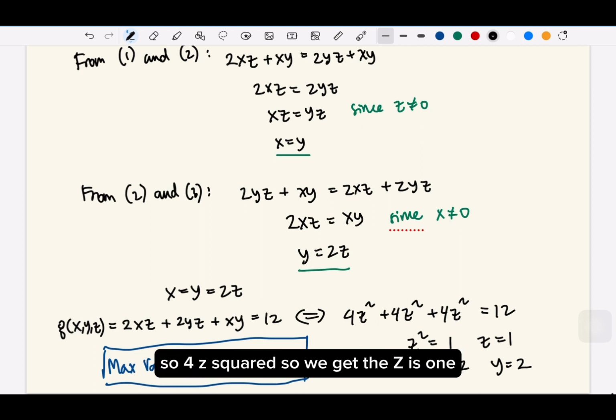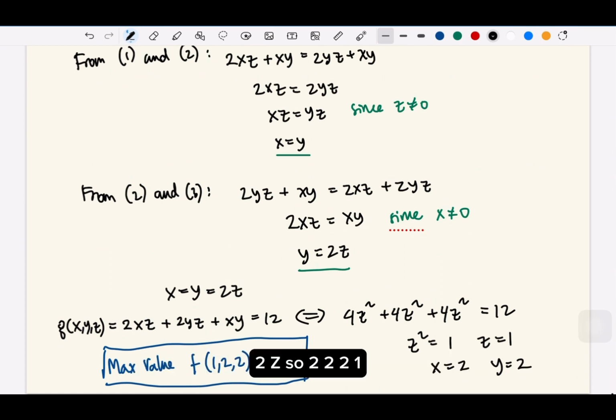So we get z is 1, and then from this, we get x and y, which is 2z. So 2, 2, 1. Oh, I wrote wrong. Should be 2, 2, 1. Okay, should be that.